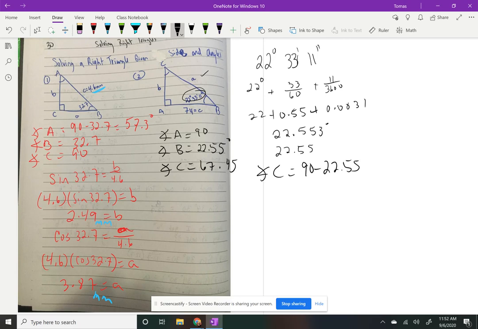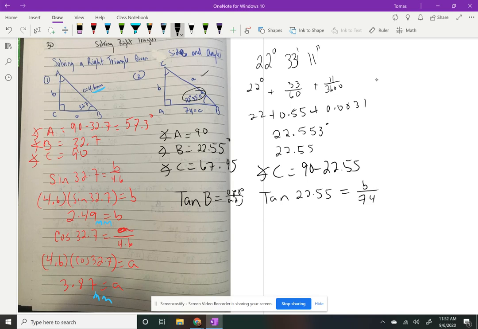One of them that I would want to use would be tan. So I get tan of B, which is opposite over adjacent. Okay, B is actually 22.55, and then we don't know the opposite, that's letter B, but we know the adjacent, which is 74.